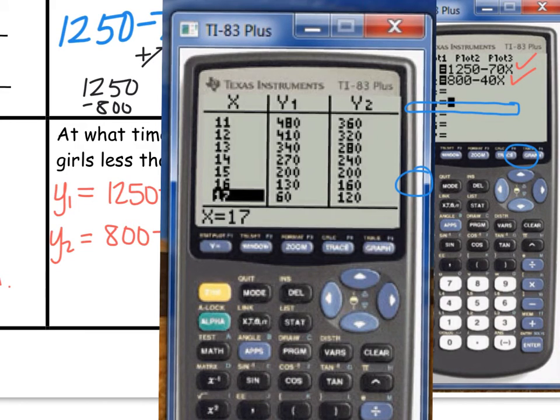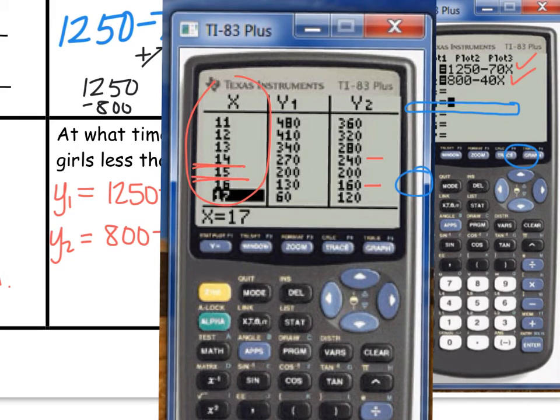At 15 minutes they're the same, but at 14 minutes the difference is 30, and at 16 minutes the difference is also 30. So somewhere between 14 and 16 is where I'm going to find a difference of less than 20 meters. But I need to change the scale on my calculator because right now my x values are counting by 1.